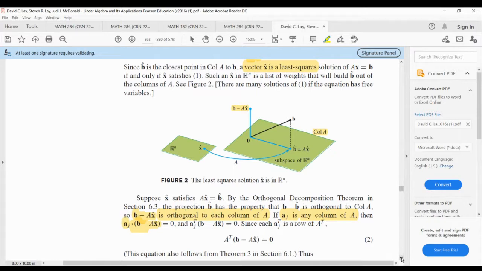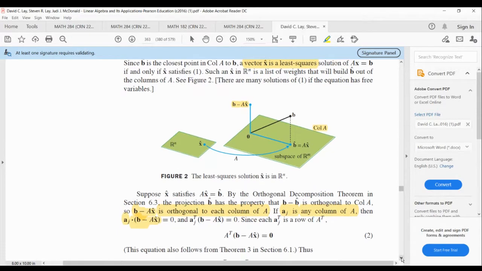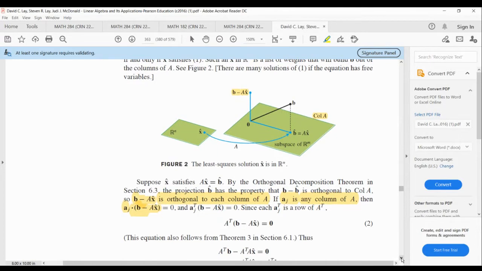That's true for every column vector of the matrix A. That's equivalent to saying that the transpose of the vector a sub j times the vector b minus A x hat equals 0.